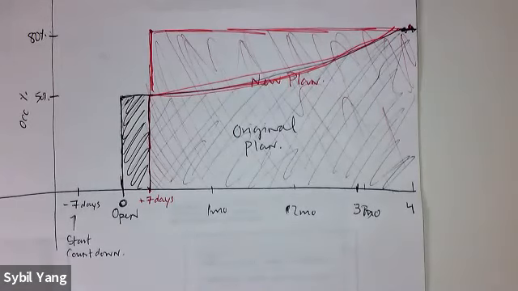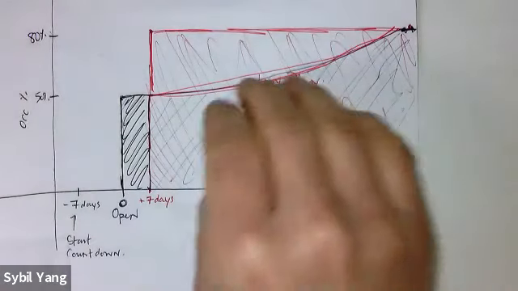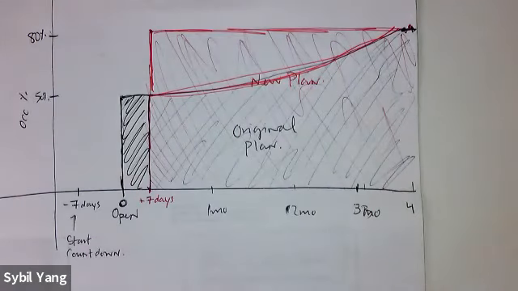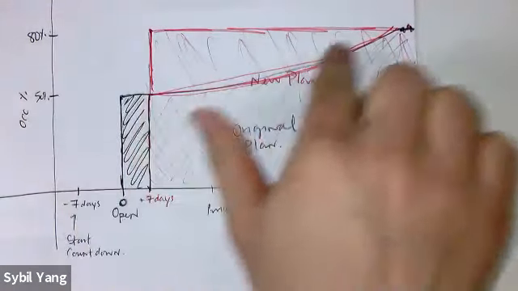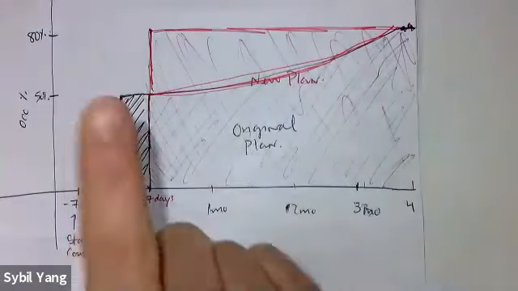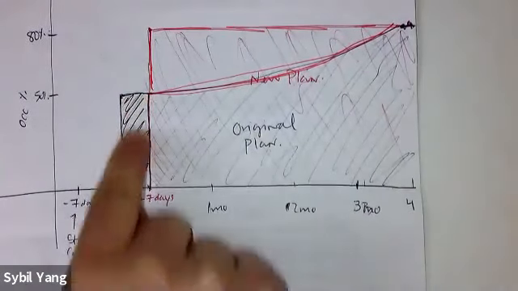Conceptually, we know that the net amount that the new plan will gain is whatever this red area is minus whatever this black area is.